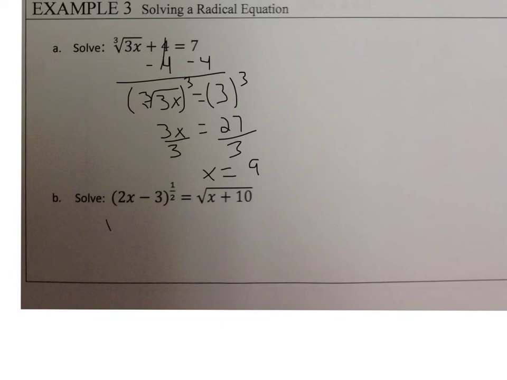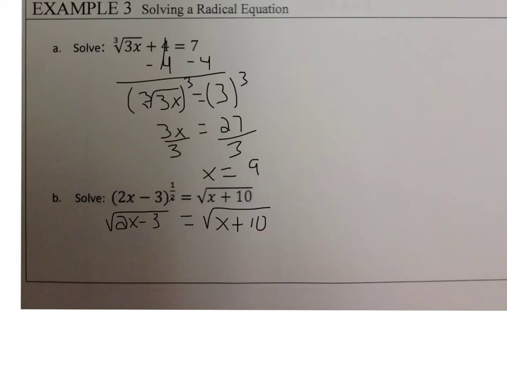Raising something to the 1/2 is the same as the square root of 2x minus 3. Remember, the number on the bottom tells me what root it is, and the number on top means what power we raise it to. So we'd be raising it to the first power, which means we're not really doing anything to it. We can just leave it as the square root of 2x minus 3.